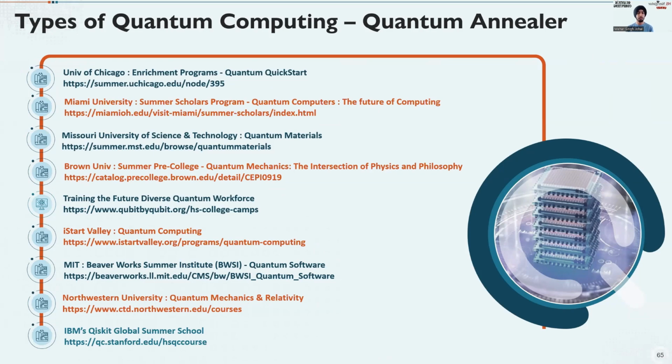Miami University, Missouri University, Brown University, all these different programs have opportunities for you to actually work with researchers in quantum computing, actually work on quantum software and quantum computers. It's a very, very niche field. You can really get an edge towards your college applications, or if you want to work in this field, you can really get an edge on other people in the field as well, and get a nice introduction to it. This is actually the world and the physics and the realm that I want to be working in.